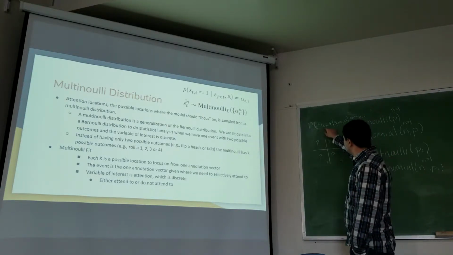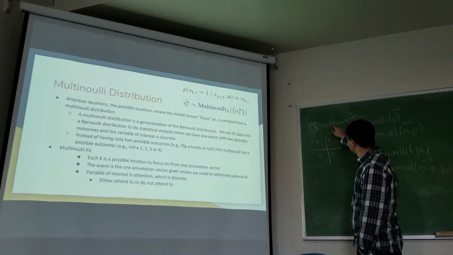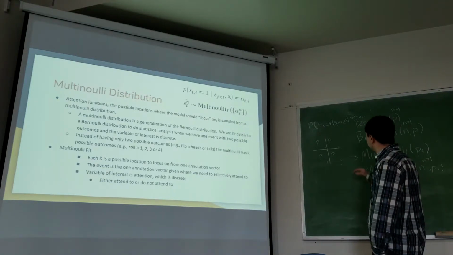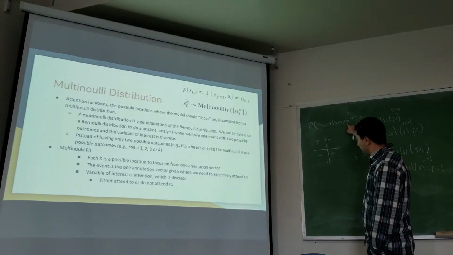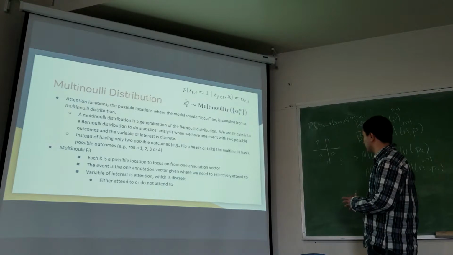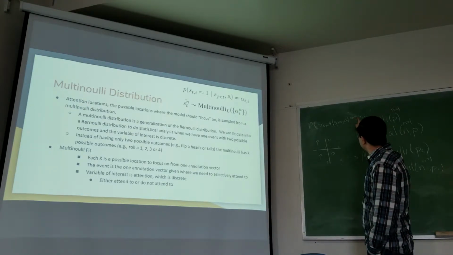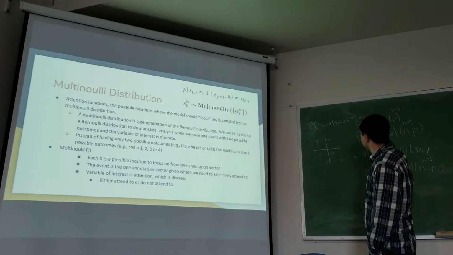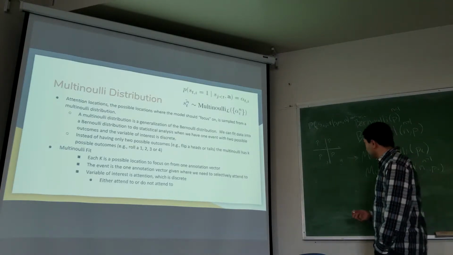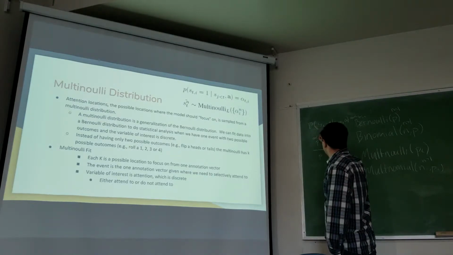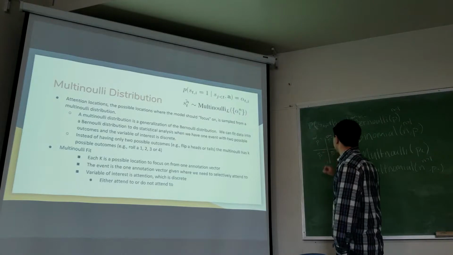So what is the probability that this location is where we want to attend, given the previously selected image locations and given all of the feature maps from our CNN that have been extracted at these locations? That is going to be equal to alpha at time t at location i. So each one of these is going to be given an alpha value based on this probability statement.